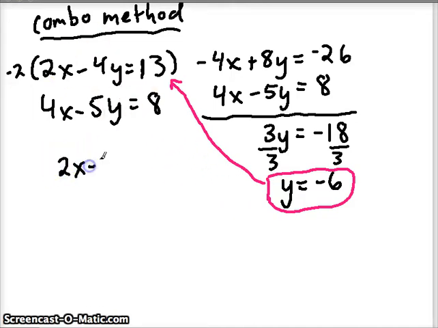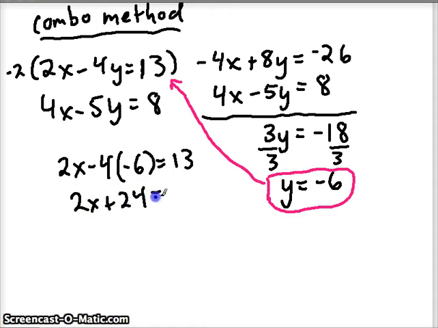So 2x minus 4 times, now negative 6 instead of y. And now we're going to solve for x, because that's the only variable in this problem. So 2x, negative 4 times negative 6 is positive 24. And to get x by itself, we still need to get rid of this positive 24, so let's subtract 24.